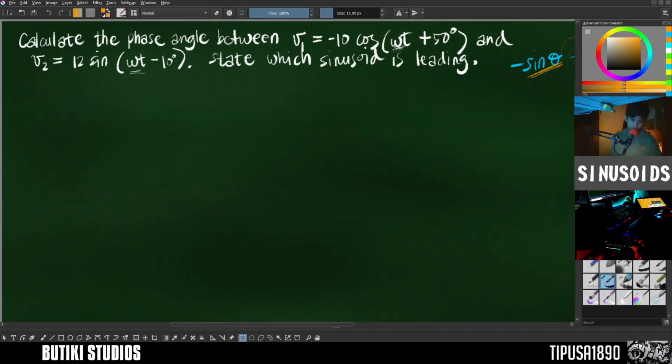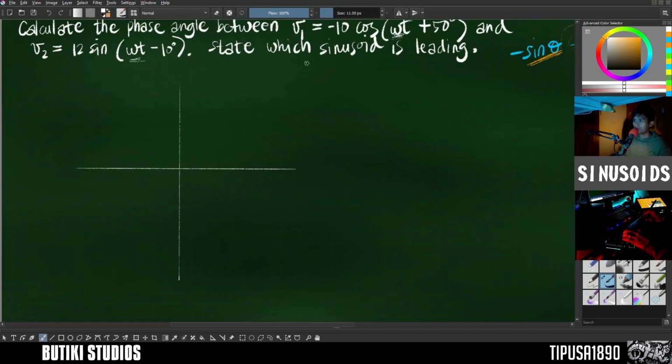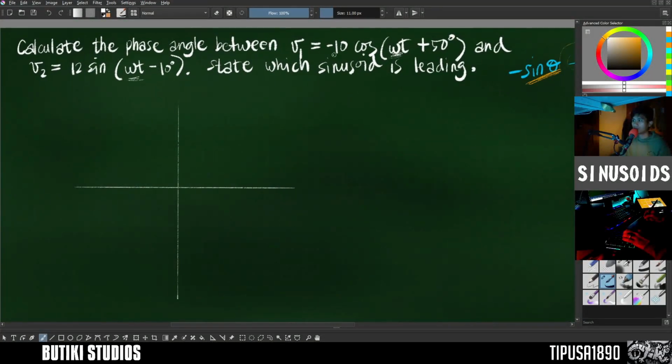Another approach would be to approach it graphically. So approaching this graphically, we are drawing the graph. So we have here cosine omega t plus 50, negative 10 cosine. Our negative cosine is over here, right? So negative cosine. So negative 10 here is already accounted for in this part here.